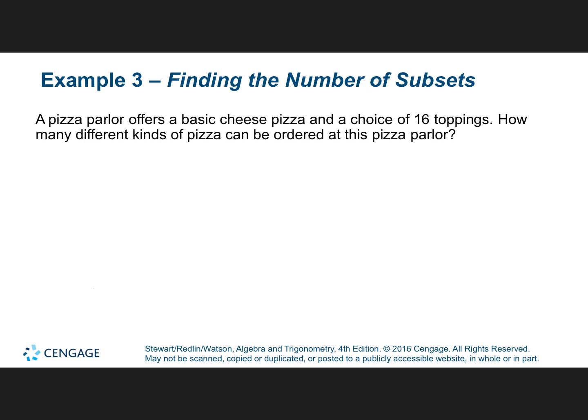So in this case, you have your base of 2, your toppings is 16, so it's just going to be 2 to the 16th power. So this is what I was saying you might need your calculator for. If you raise that 2 to the 16th power, you get a total of 65,536.